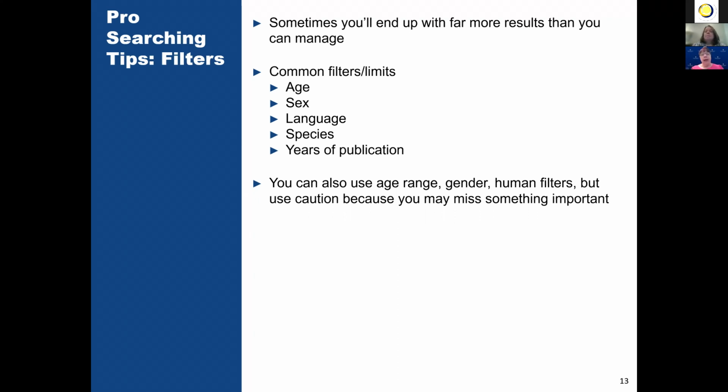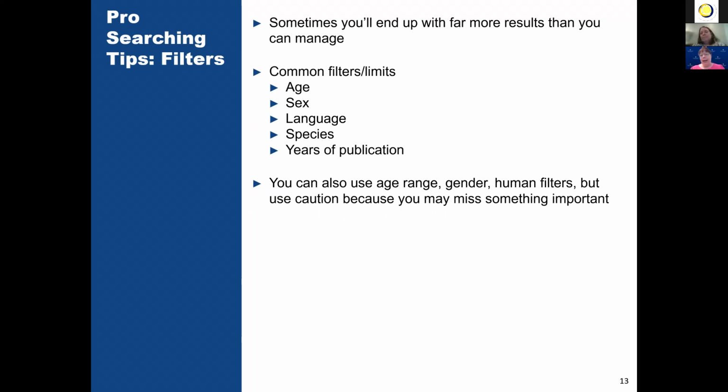Then there's sex. And we do mean biological sex in this instance, male, female. We're not looking at gender identity. Those are separate subject terms. Language, I'm monolingual. For most of my searching, I limit to English. Species, searching in a database like Medline, you're going to have a lot of animal studies. You might be searching in an area where there will be animal studies.